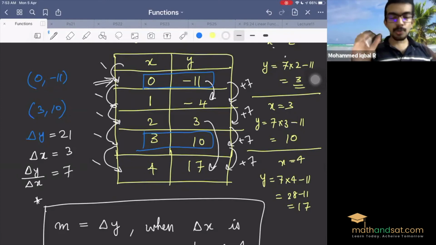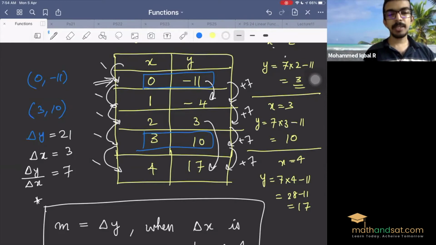You pick any two ordered pairs, or any two entries from the input-output table, and your delta y by delta x will not change for a linear function. That is the most remarkable thing about linear functions.